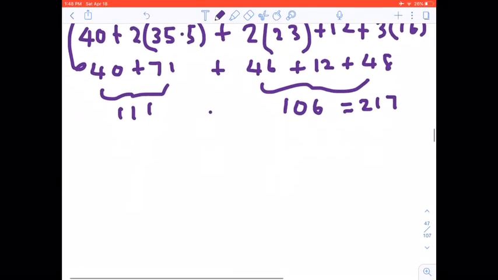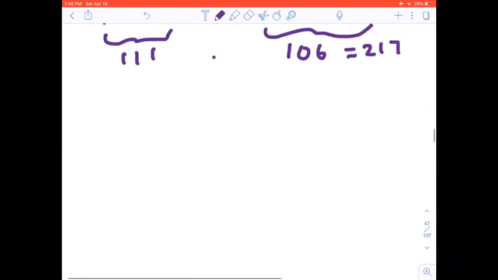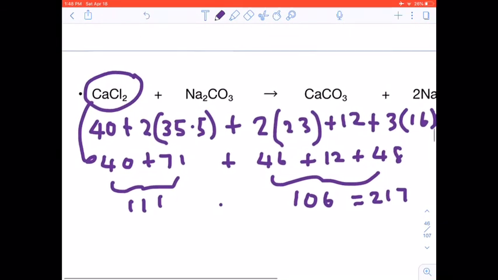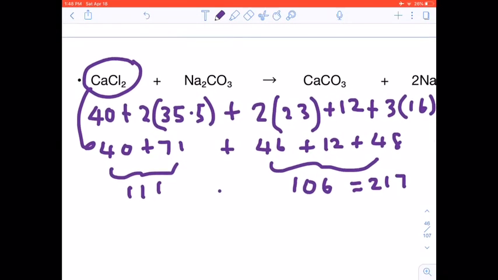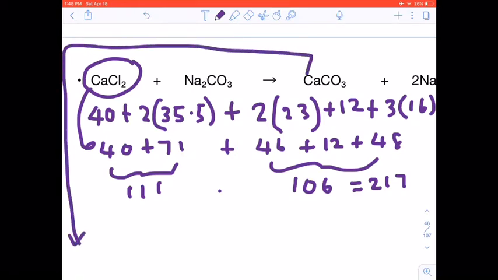Alright, 217 for the reactants. Let's look at the products. So for the products we got CaCO3, right? So here we have 40 plus 12 plus 3 times 16. Okay, that's the first part.